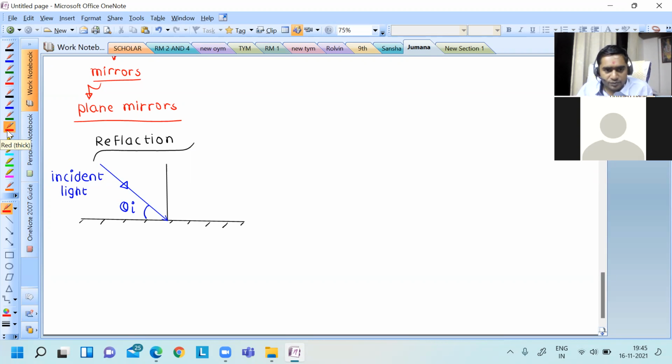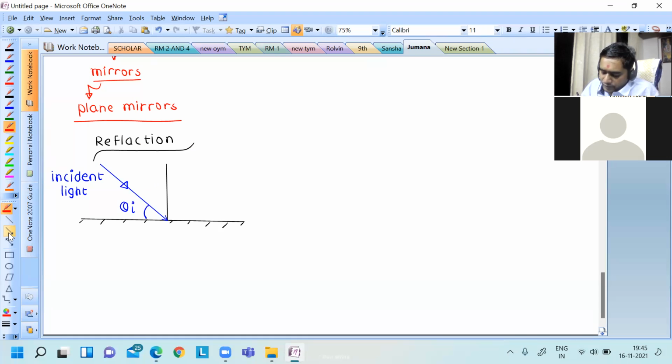In many reference books, you will see that it is also given as the angle the incident ray makes with the normal, and in many books it is also given with the horizontal surface where reflection and refraction take place. But it's one and the same thing. Our answer is not going to change. So this is our theta i.